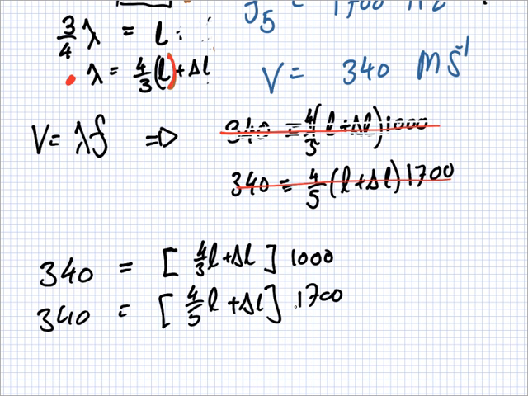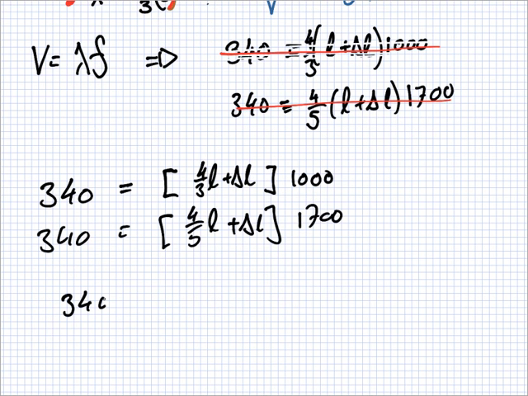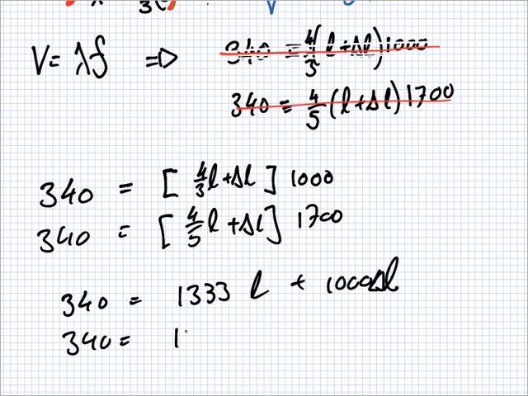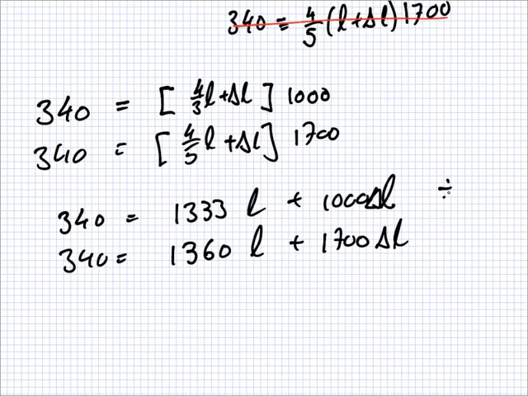I refuse to improve. Okay, so if I multiply this out, I have 340 equals 1333 L plus 1000 delta L. And then here I have 340 equals, what's this one here, please? 1360 L plus 1700 delta L. Now I don't care about finding the L, so I'll just divide this by 1333 and divide this by 1360.